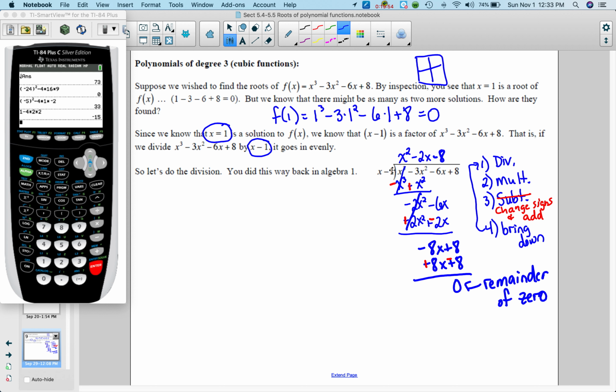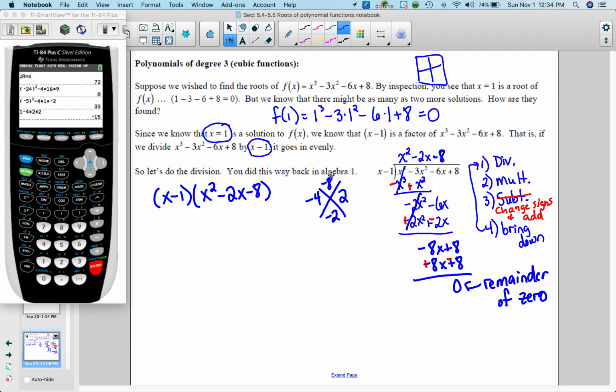So now what do I know? I know that x minus 1 is a factor, and I know that x squared minus 2x minus 8 is a factor. Then I have to think, can I factor x squared minus 2x minus 8? I'm going to try with a diamond problem. Two numbers that multiply to negative 8 and add to negative 2: a negative 4 and a positive 2.